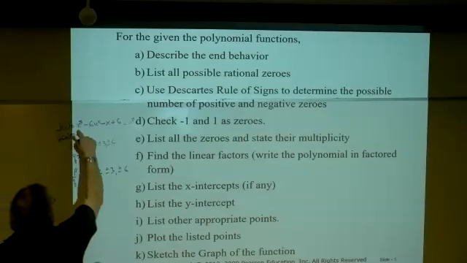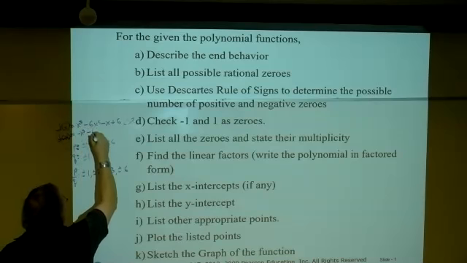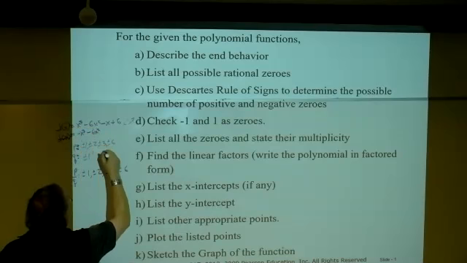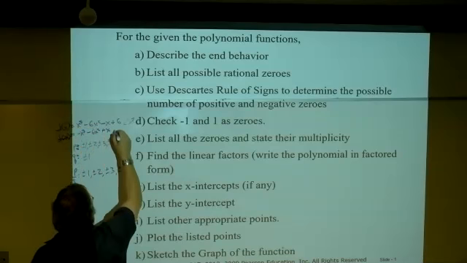So the positive x cubed becomes a negative x cubed. The minus 6x squared stays minus 6x squared. The minus x becomes plus x. And the constant never changes.